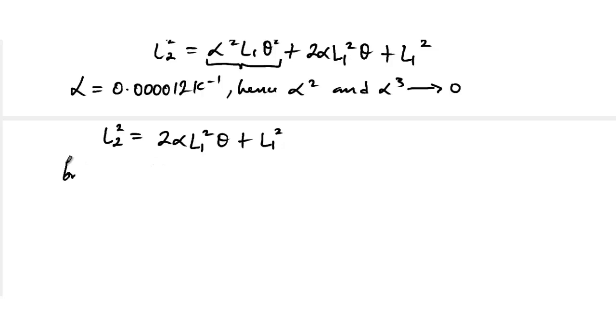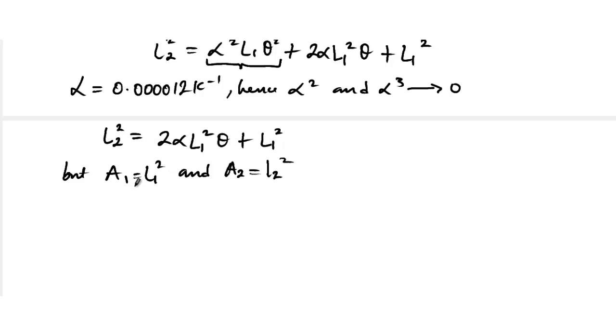But I established earlier on that A1 is equal to L1 square, and also A2 is equal to L2 square. So wherever I say L1 square and L2 square, I can replace them with A1 and A2.